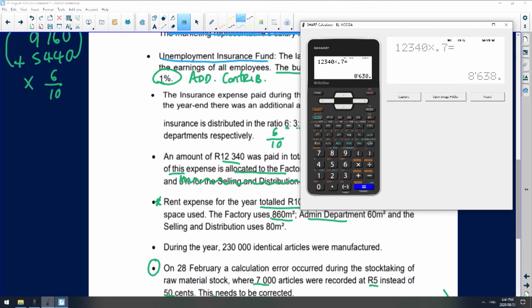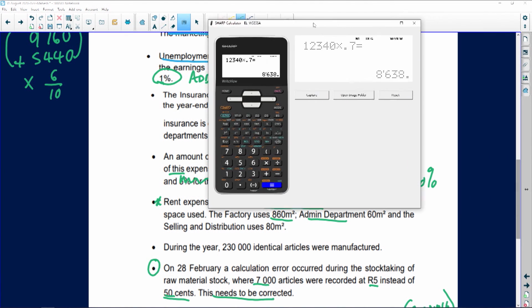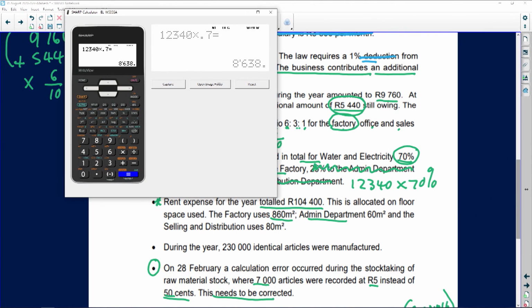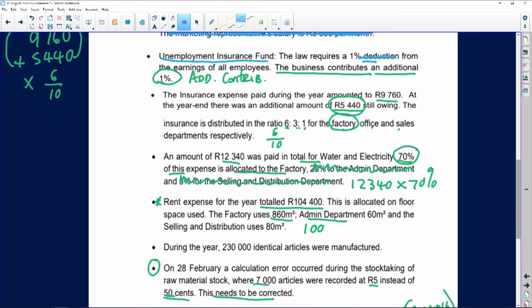So the total square meter of the premises, let's do that calculation quickly. So we've got 860, right, plus the admin department is 60 square meters, and then the warehouse or the selling and distribution department is 80 square meters. So the total floor space is 1,000 square meters.